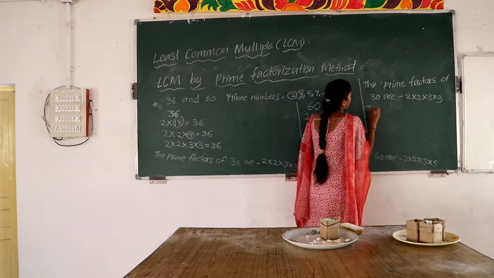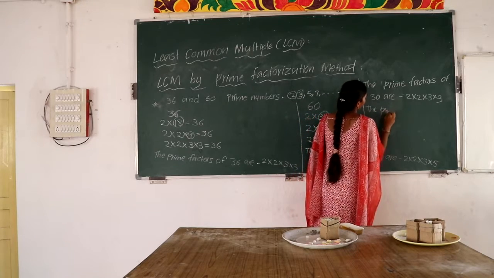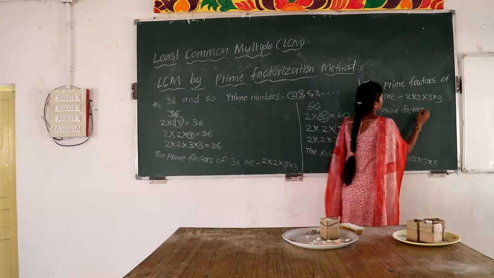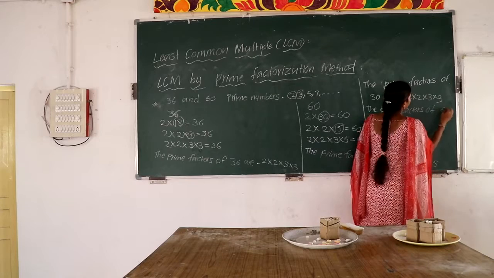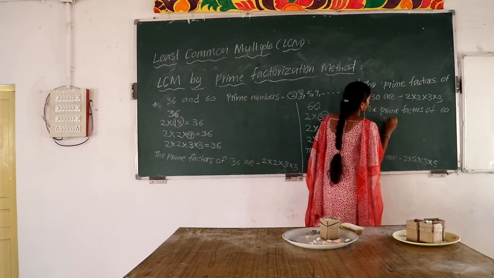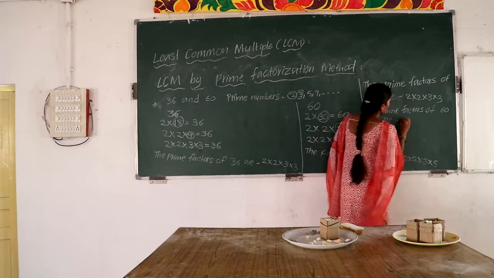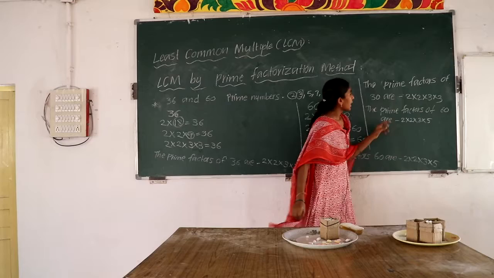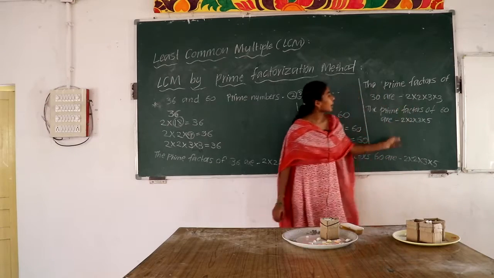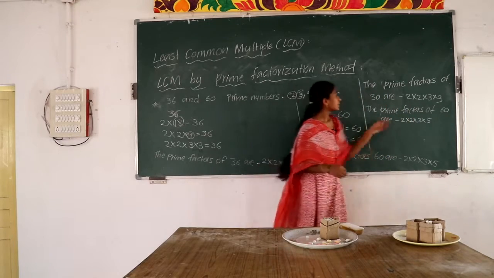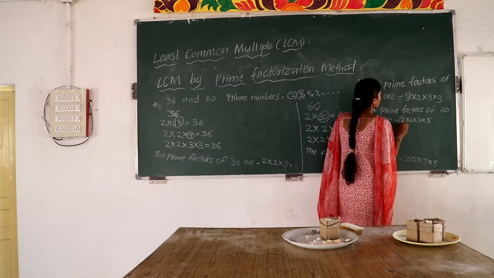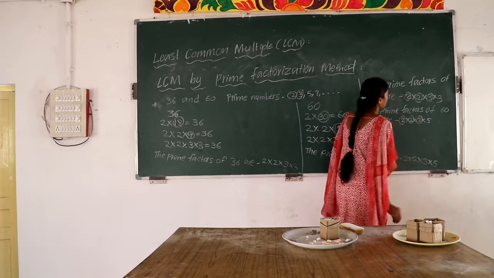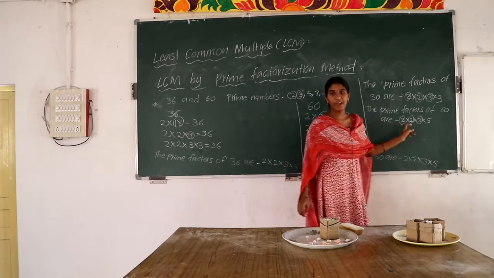The prime factors of 60 are 2, 2, 3, 5. Here, are there any common factors? Yes. 2, 2, and 3. These are the common prime factors.